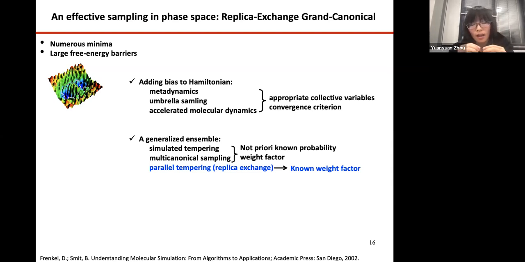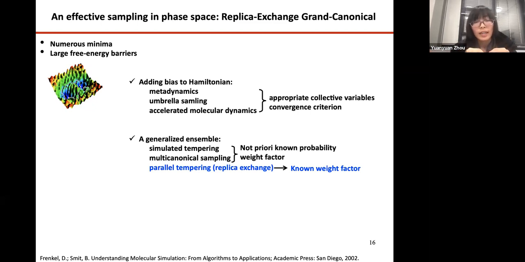These methods efficiently sample the configurational dynamics along the reaction coordinates or along a few collective variables. The appropriate choice of these collective variables is crucial for accurate calculations, and the choice is non-trivial. Another issue is that it is also not trivial to determine when the system has converged.